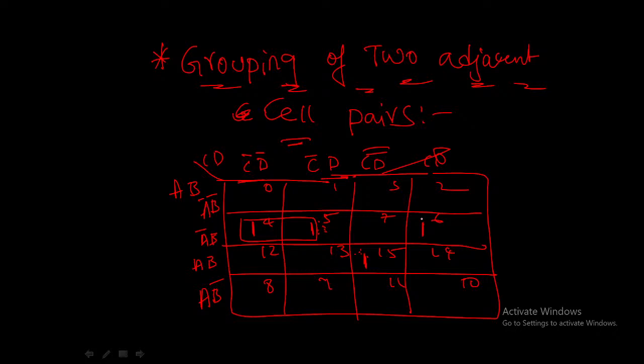For example, if we have a minterm here, we can group these 2 terms and we can group these 2 terms. And the corner cells can also be grouped. So these 2 corner cells can also be grouped. This is also possible. Let's see the grouping for a 2 variable K map.